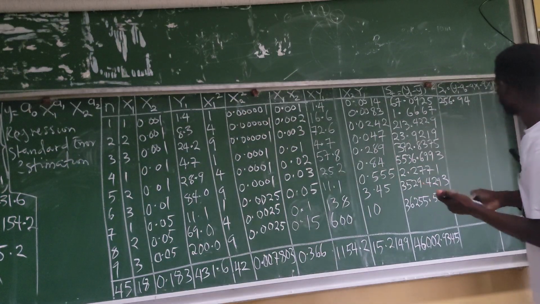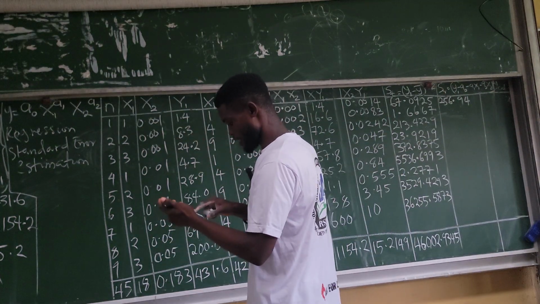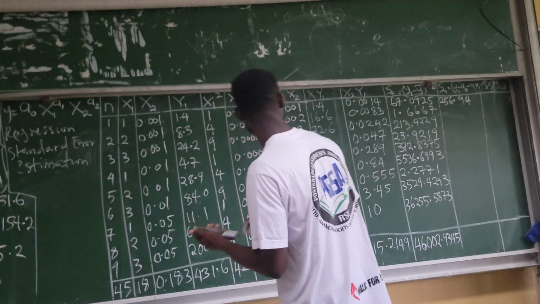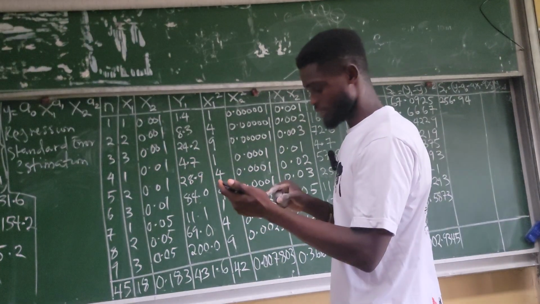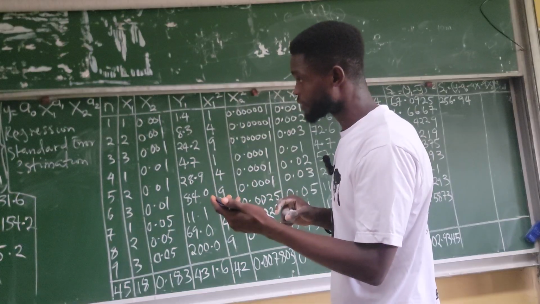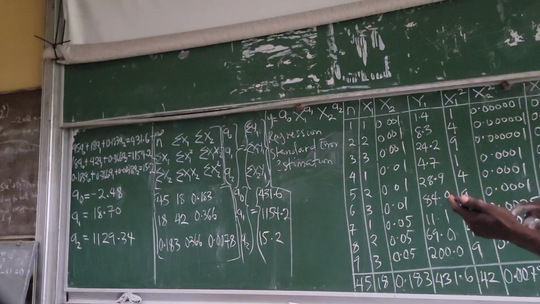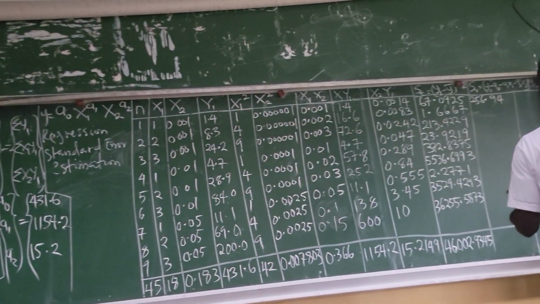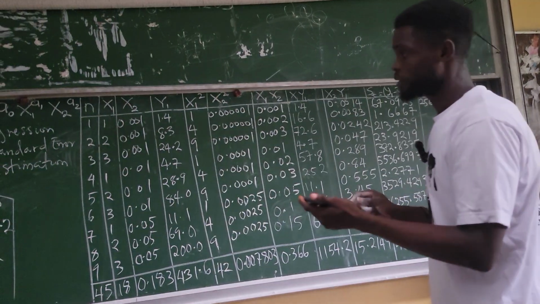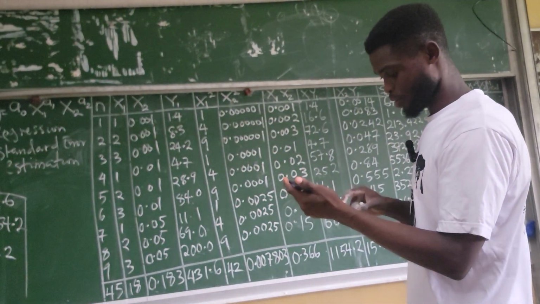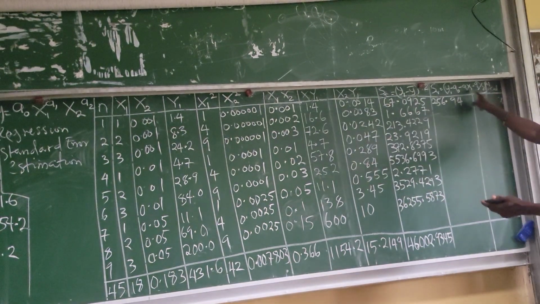After doing that, we also do the same thing to this part. So our Y1 for the second row is what? 8.3 minus, which is this minus. You know our A0 is bracket minus 2.48 bracket close minus our A1 becomes 18.70 times our x1 for that column.